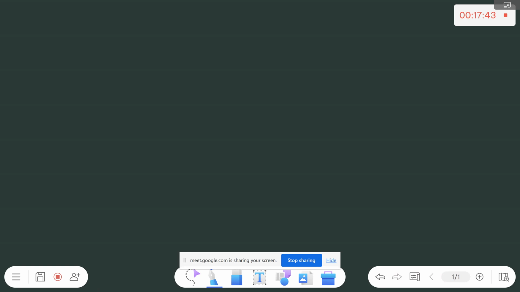Now we know zinc is the anode. Always remember, this side is the anode and this side is the cathode. No change, only the sign changes.